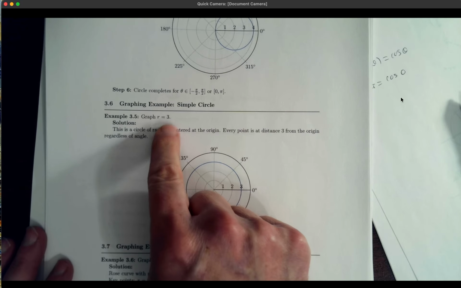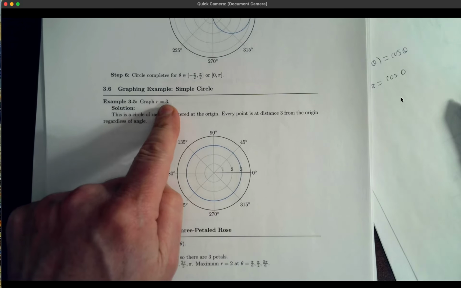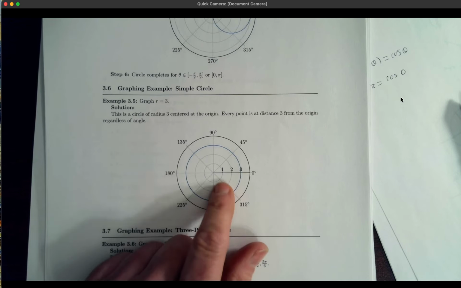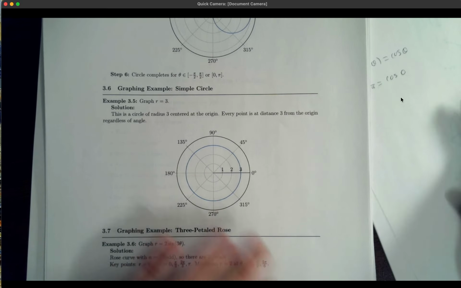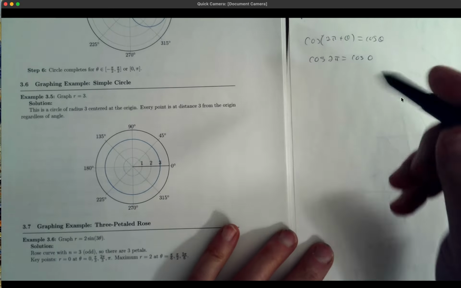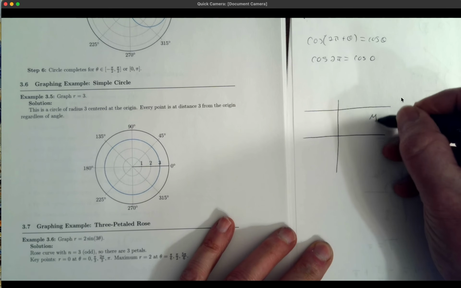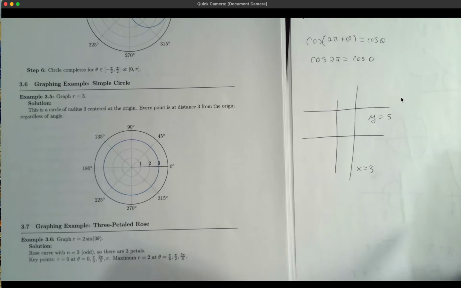The easiest way to get a circle is just to say r equals 3, or r equals a value. That means theta is not even in the equation. The way polar coordinates are set up, in Cartesian, what is the easiest kind of equation? Like y equals 5, x equals 3. Right? You get vertical, horizontal lines.